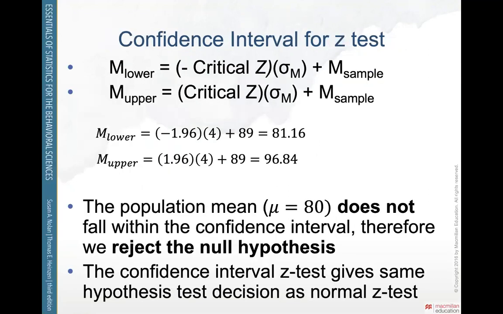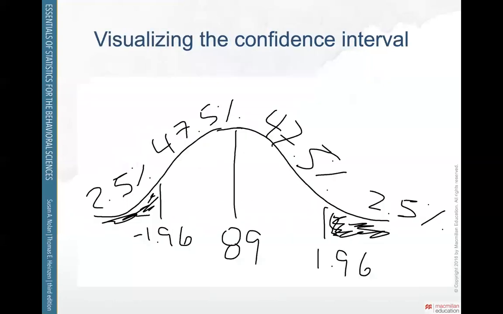I want us to think about what would happen to these critical z numbers right here, negative 1.96, positive 1.96, if instead of doing a 95% confidence interval, we did a 99% confidence interval.